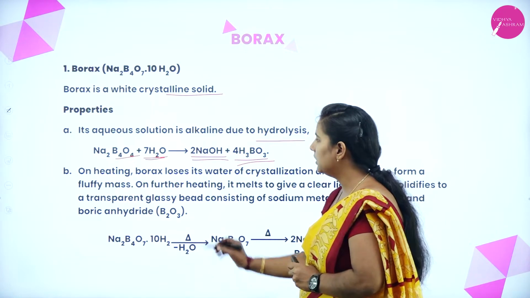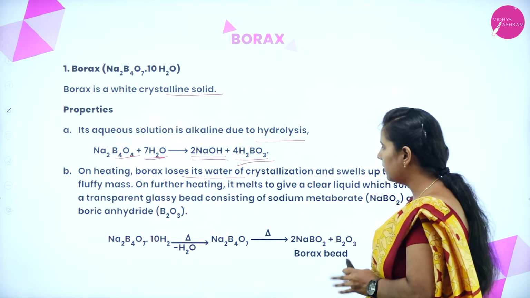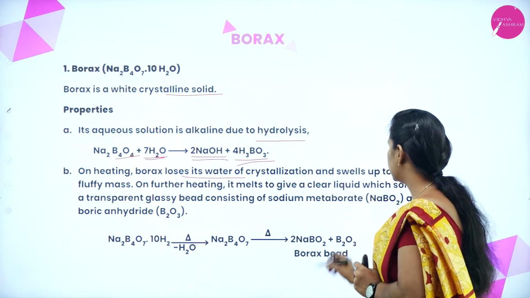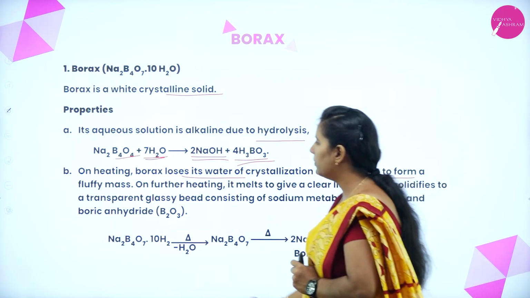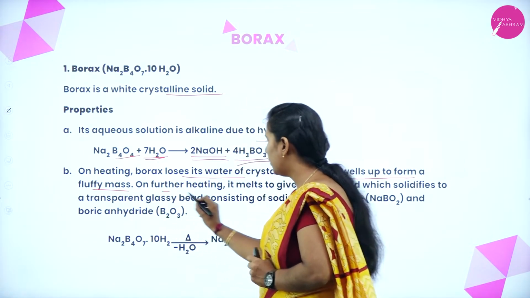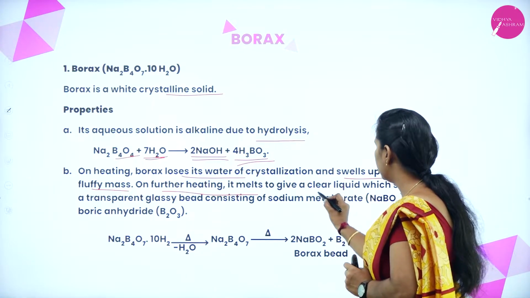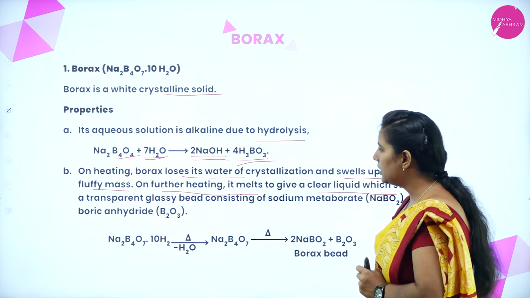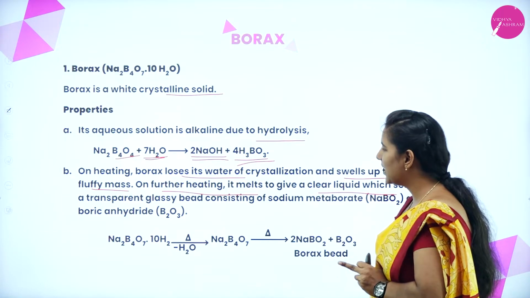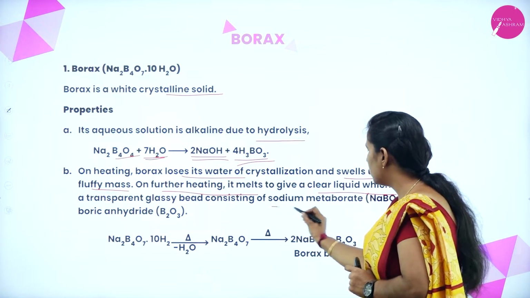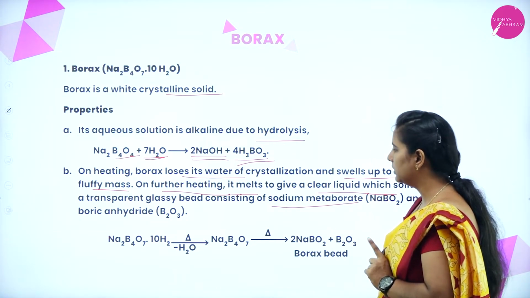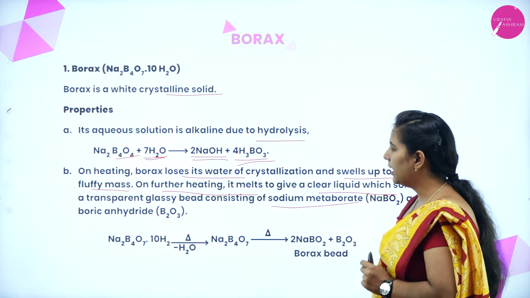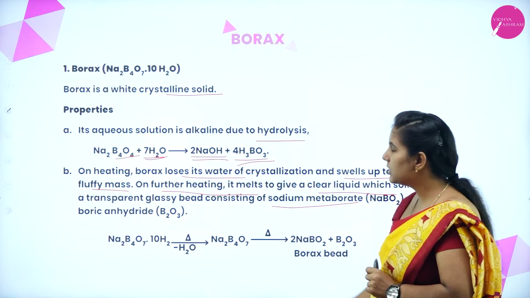Upon heating, borax loses its water of crystallization and swells up to form a fluffy mass. Upon further heating, it melts to give a clear liquid which solidifies to give a transparent glassy bead consisting of sodium metaborate and boric anhydride, which is known as the borax bead.